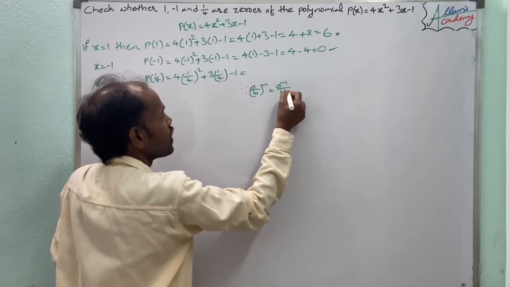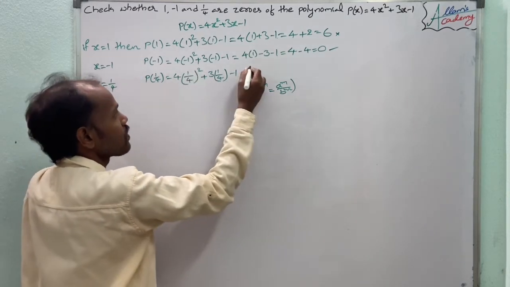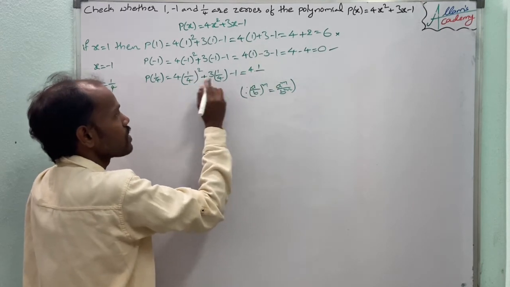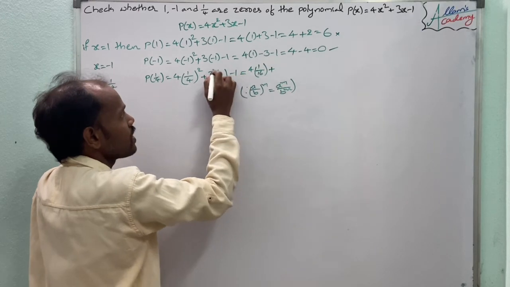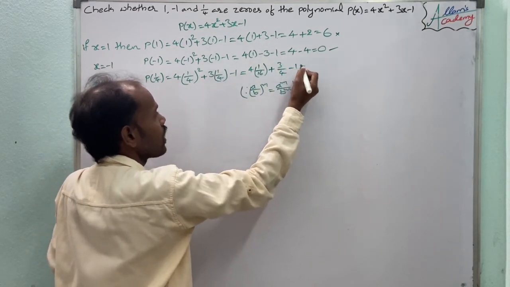So we split that: 1 square by 4 square. 1 square is nothing but 1, and 4 square is 16. Plus 3 into 1 by 4 means 3 by 4, minus 1.